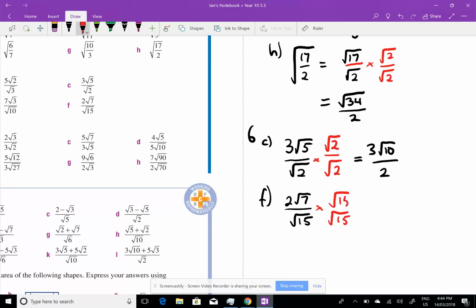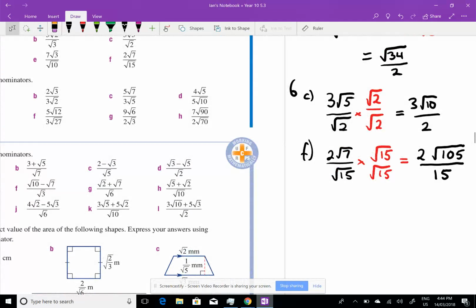Root 15 on the top. 2, 7 times 15, 7 fives are 35. Carry the 3, 10, 105. 2 root 105. Is that right? Yes! Thank you. And root 15 times root 15 is 15. Okay, when is this going to get hard?